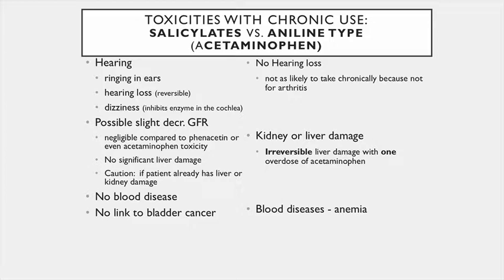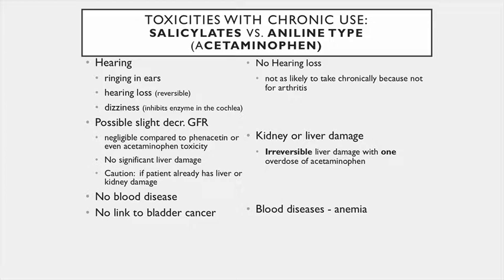How that looks is it's ringing in the ears, potential hearing loss, which is usually reversible on the discontinuation of the aspirin. And sometimes they can become dizzy because the aspirin inhibits an enzyme in the cochlea, which is the center for balance in our inner ear.